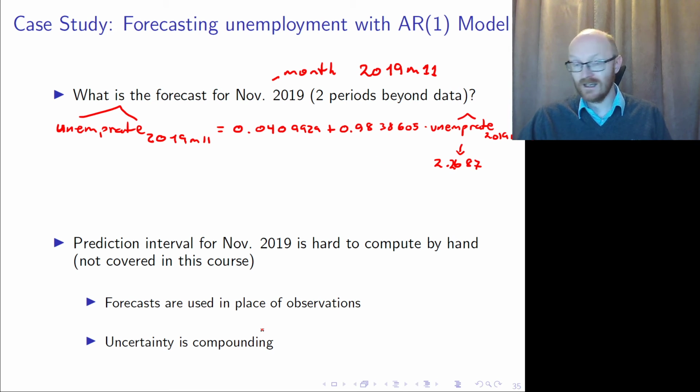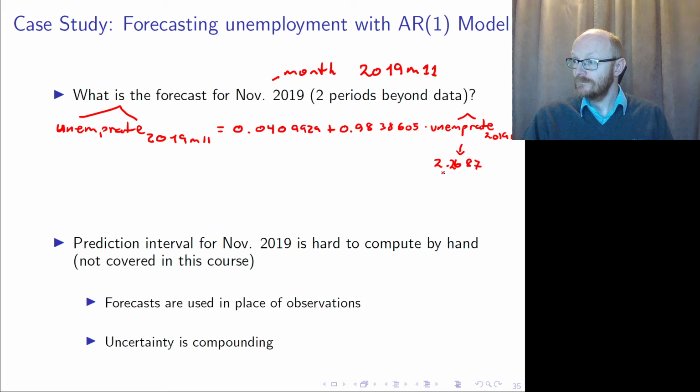This shows that we have to use our previous estimate to make the new estimate, because we don't have actual data for October 2019.